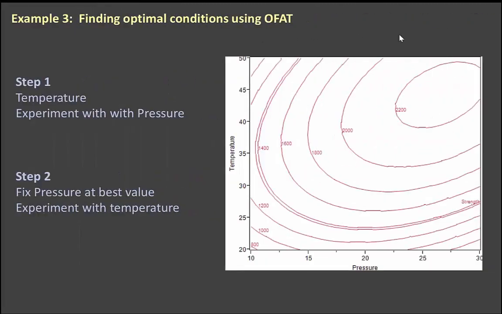And we'll do the experiment using one factor at a time. So the first step here, step 1, is we are going to fix the temperature at a constant value. I'm going to fix it at 25. And then I'm going to experiment with the pressure. So this is 25. So I'm holding the temperature constant across here, and I'm going to take some experimental readings.